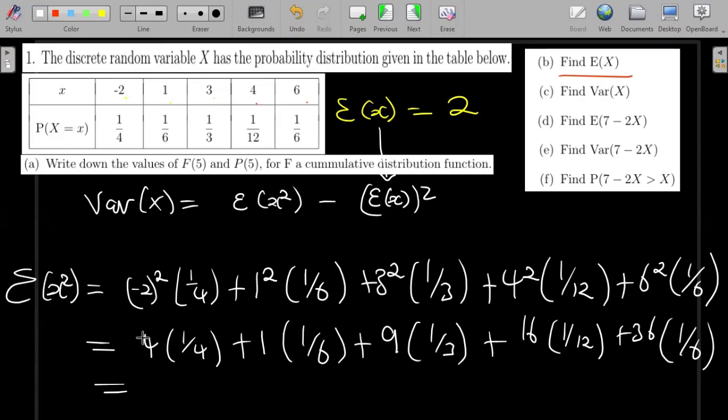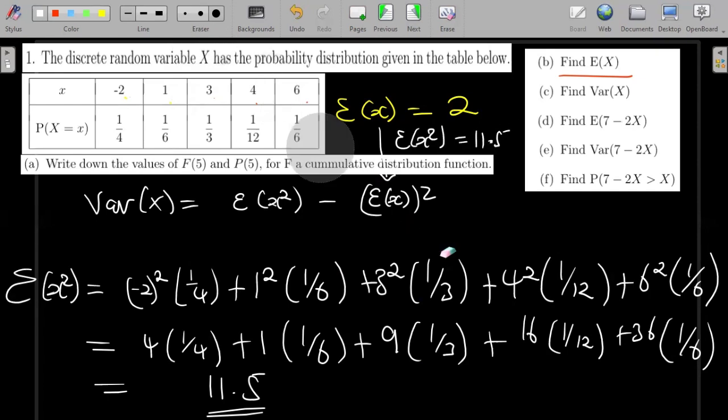So I'll just do this on my calculator to save some time. All right, so my calculator, when I punch in all these, it's giving me 11.5. Okay, so it means the expected value of x squared is simply 11.5.